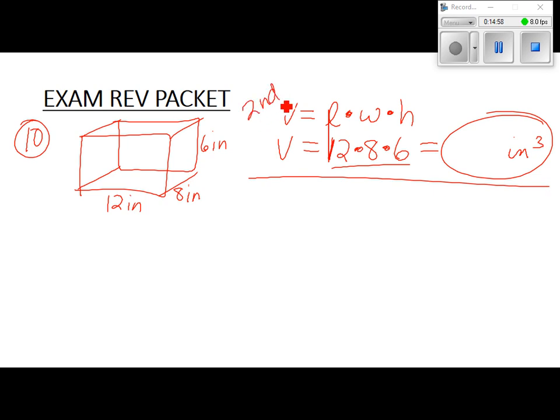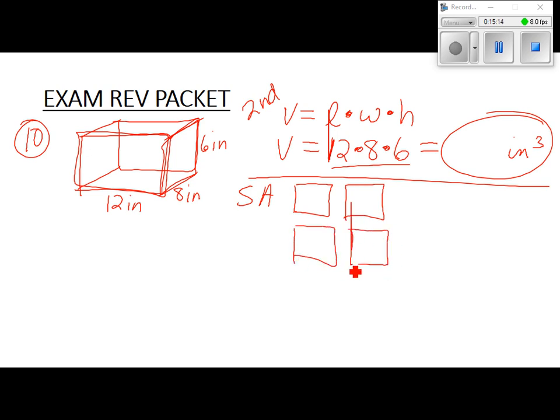Now for surface area, there is a formula, but we don't use the formula. What we do for surface areas, we just find the area of each face separately and add them all up. Well, a rectangular prism has 6 faces. The front face has dimensions of 12 and 6.